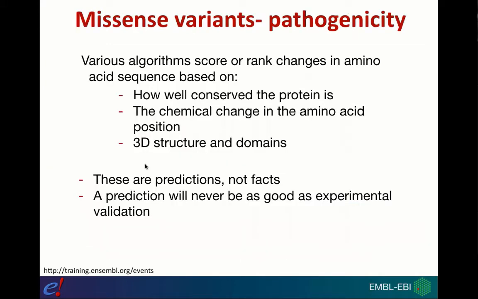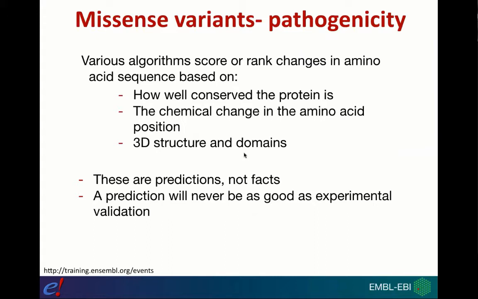When we're thinking about variants, specifically missense variants, we can think of them in terms of their pathogenicity. There are various different algorithms that score or rank the changes in the amino acid sequence based on how well conserved that particular amino acid is, the chemical change at that specific position where the amino acid is being changed from one to another, and the 3D structure and domains.